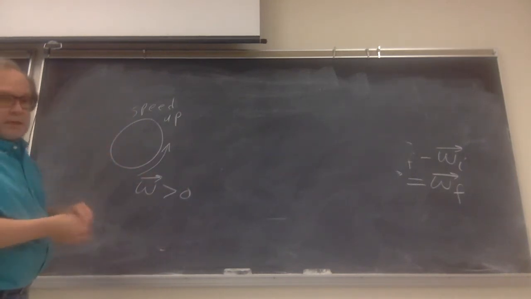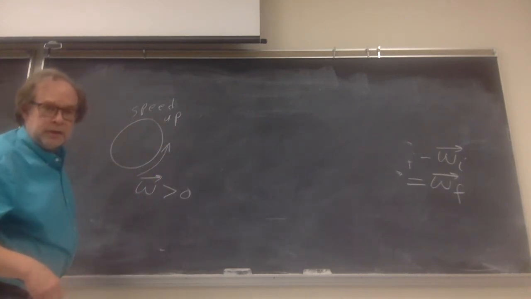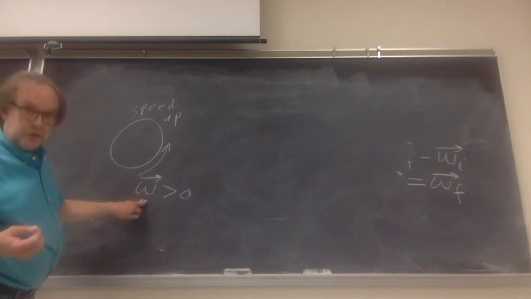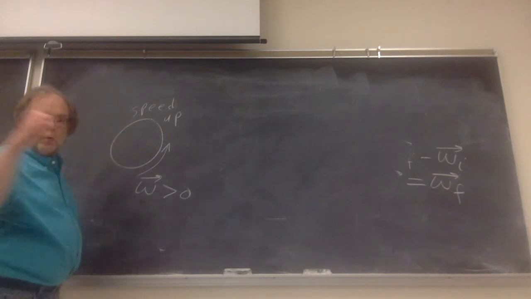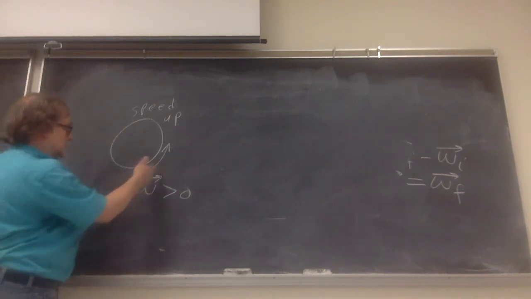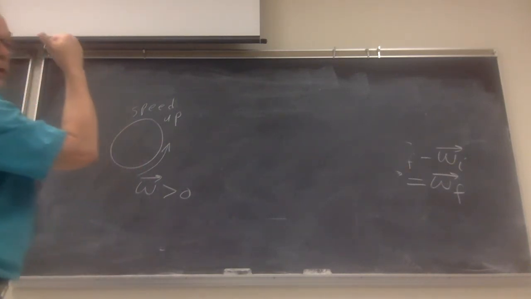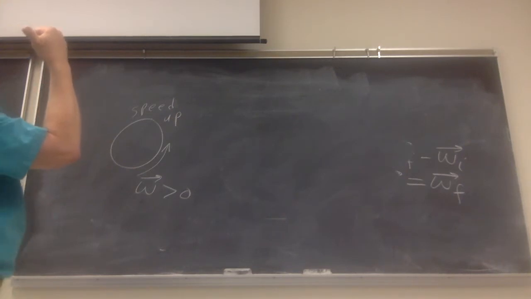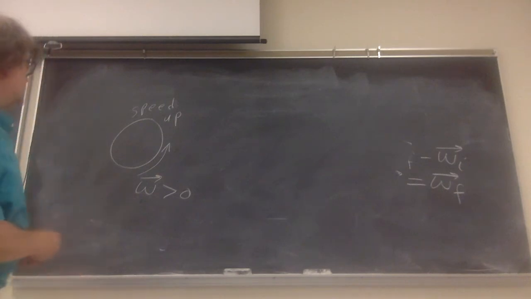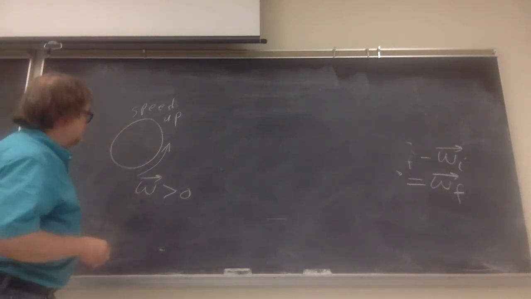And as I also said, if you see a counterclockwise rotation, then the angular velocity vector, which always points one way or the other along the axis of rotation, will, in this case, point this way towards you. So what we're really saying is this direction here, perpendicular to the blackboard or perpendicular to the paper. That's the positive direction. And then into the blackboard, obviously, is the negative direction.